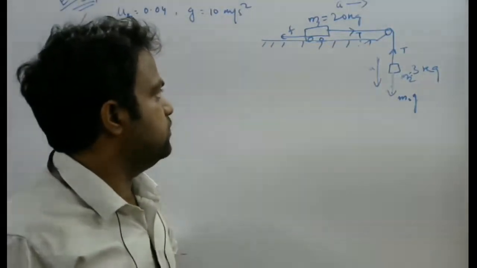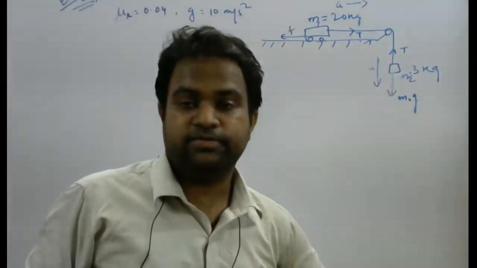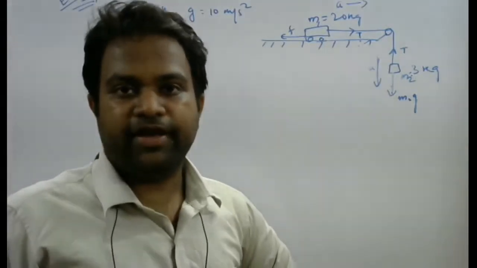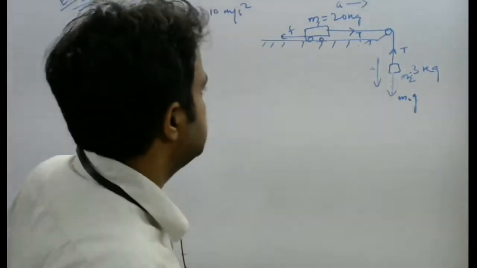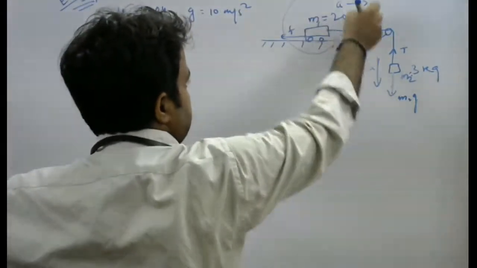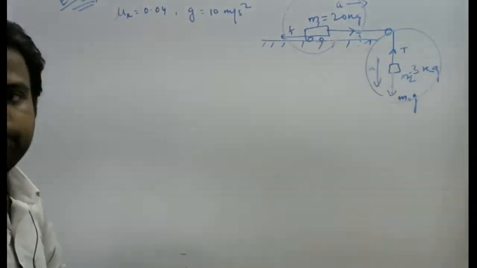Clear? Now how will you draw the free body diagram? That is very important. In the laws of motion chapter, the free body diagram is very important, right? You can draw one here and another one here. For two cases you can draw the free body diagram.